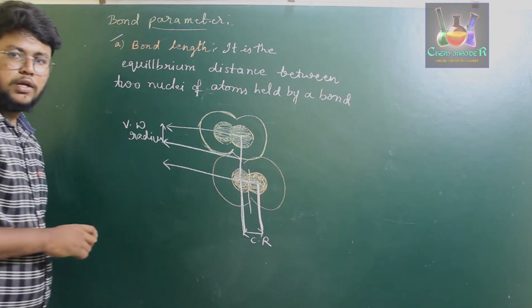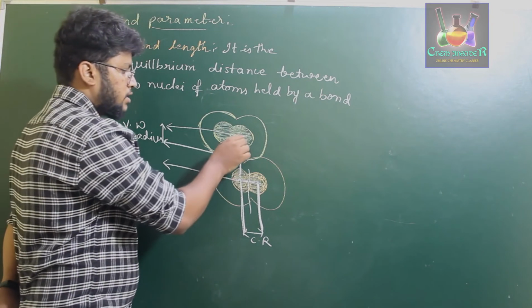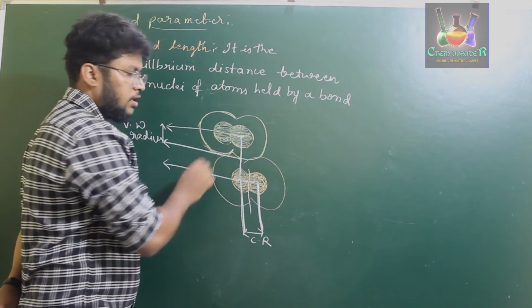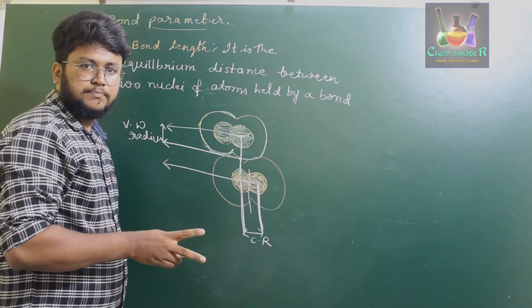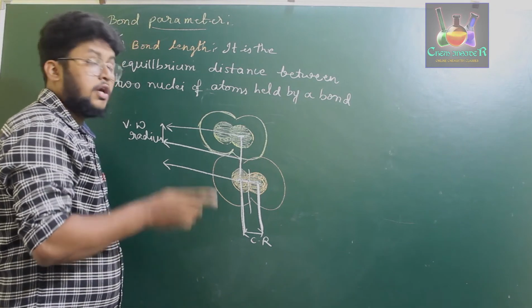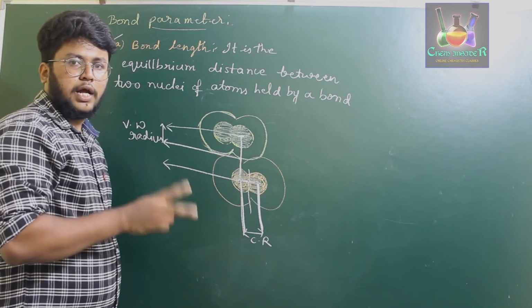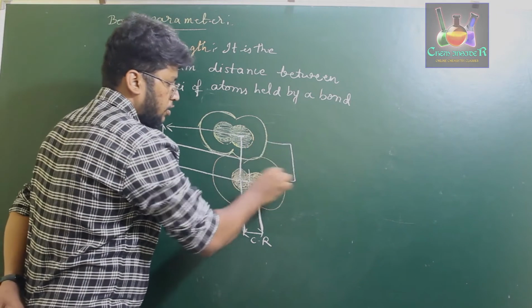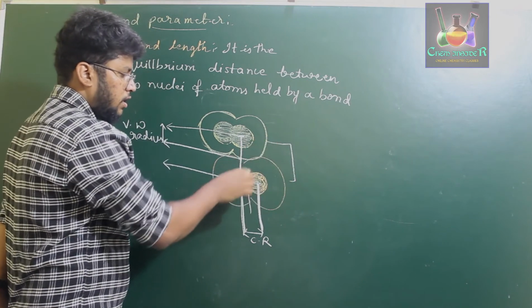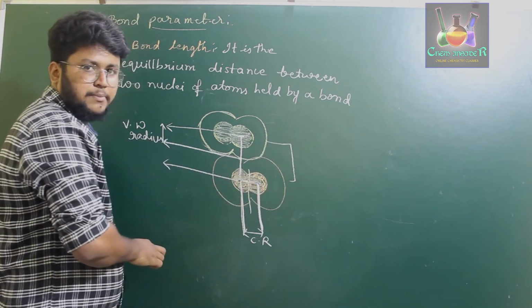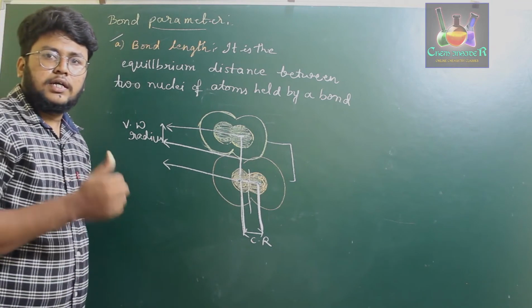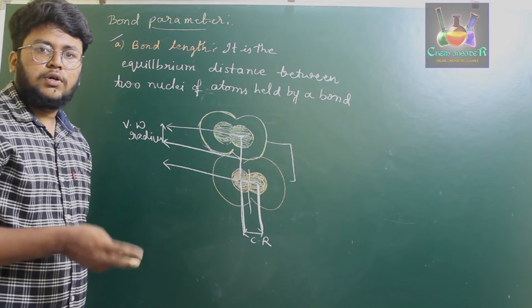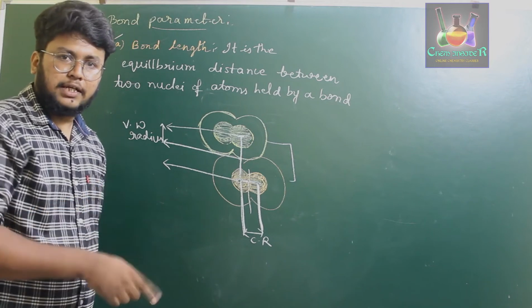Then what is van der Waals radii? Half of the distance between two chlorine atoms, half of the distance between the nuclei of two chlorine atoms of adjacent molecules. These two are adjacent molecules. Okay, covalent radii is half of the distance between the nuclei of two adjacent chlorine atoms.